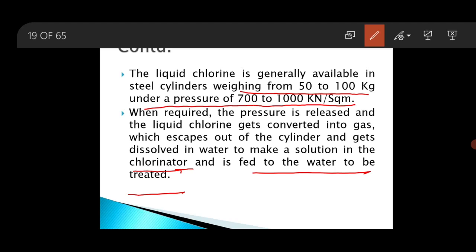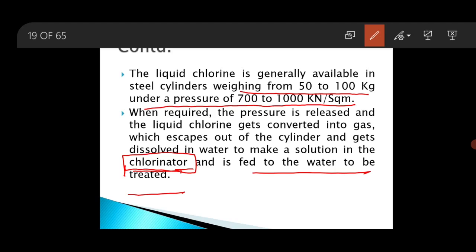This chlorine is applied to the water through an instrument called a chlorinator. So this is the instrument. Solution feed chlorinators which use liquid chlorine are used these days.